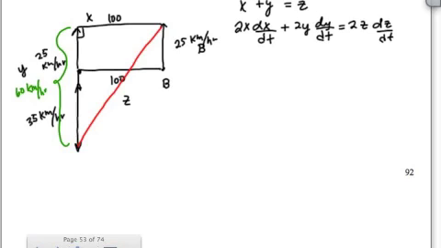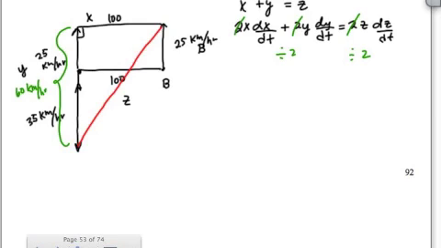Anytime I take the derivative of any variable, I put dx/dt for x, dy/dt for y. Make sense? Divide by 2 everywhere. In these Pythagorean Theorem ones, it's nice because the 2's cancel.